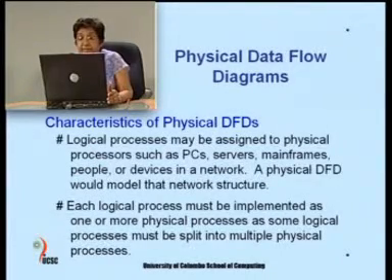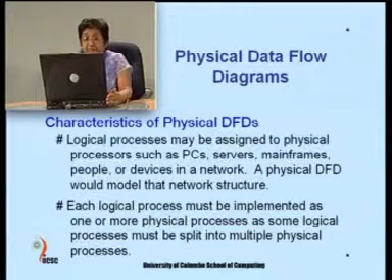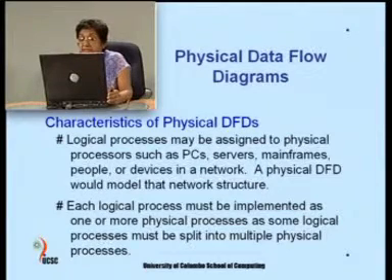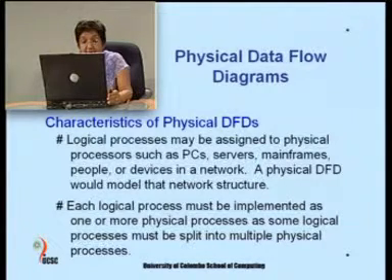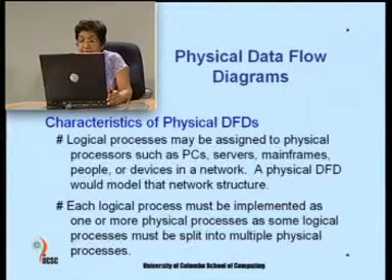So, characteristic of physical DFDs: logical processes may be assigned to physical processes such as PCs, servers, mainframes, people, or devices in a network. A physical DFD would model that network structure. Each logical process must be implemented as one or more physical processes, as some logical processes must be split into multiple physical processes.